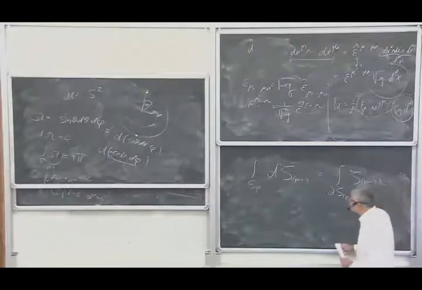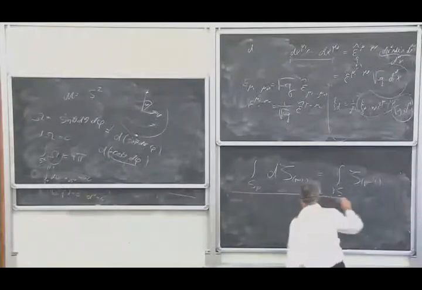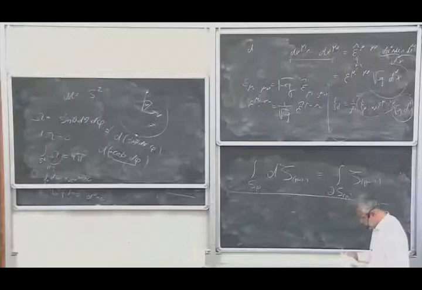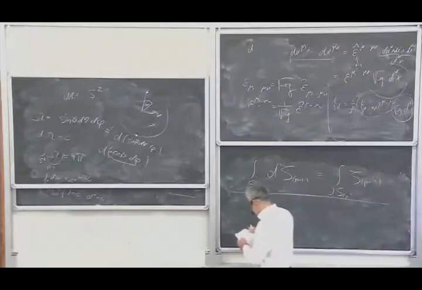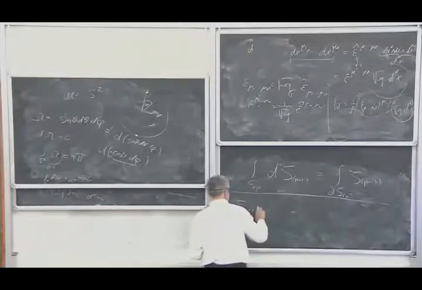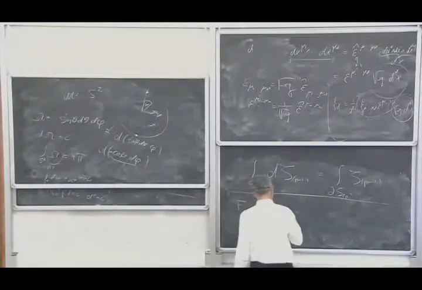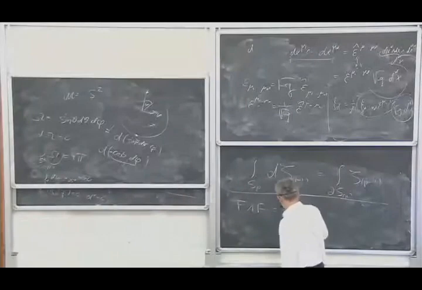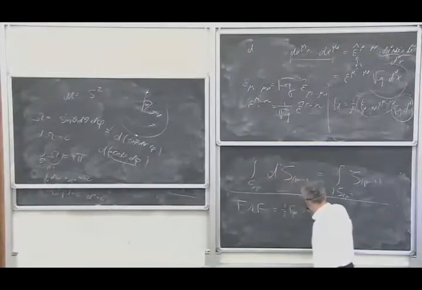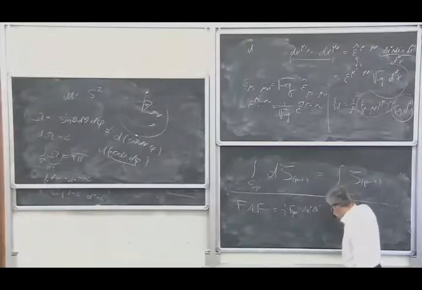So, using this language of differential forms, we can, for example, write F wedge F. Okay? So F is 1/2 F mu nu dx mu dx nu. Then wedge, we do not always write the wedge product.